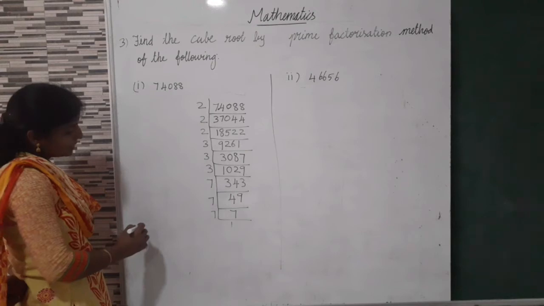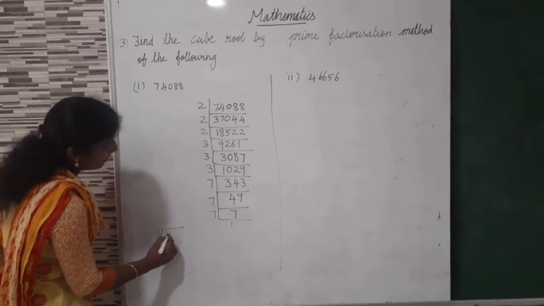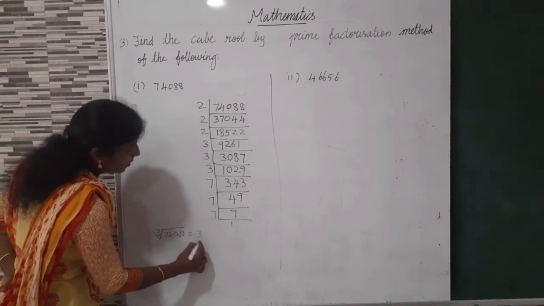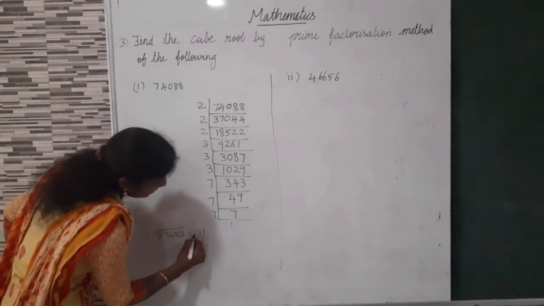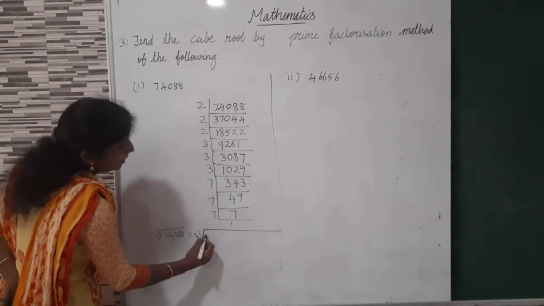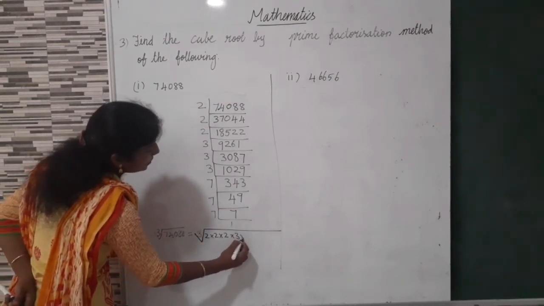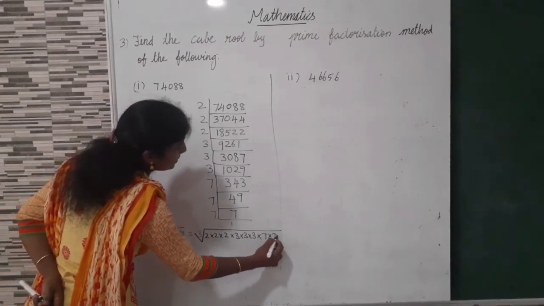Now we can write therefore cube root of 74,088 equal to cube root. Okay. Cube root of what are the prime factors? 2 into 2 into 2, 3 into 3 into 3, 7 into 7 into 7.